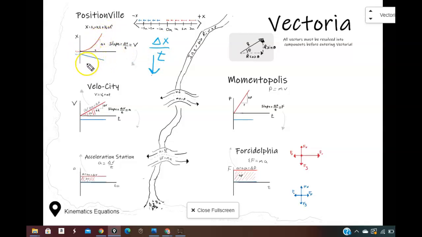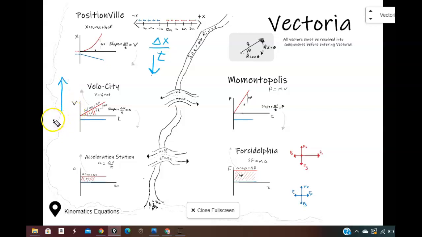So the slope of a position-time graph is a velocity. Something with an increasing positive velocity has an increasing positive slope. Something with a constant negative velocity, like this blue motion, has a constant negative slope on a position-time graph.